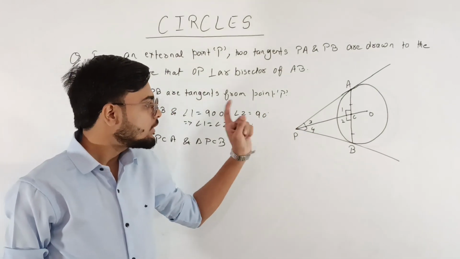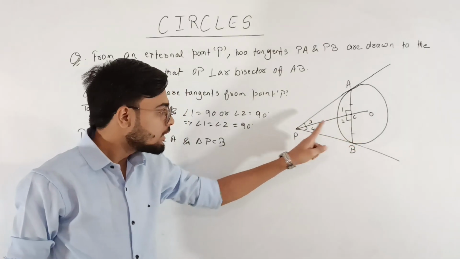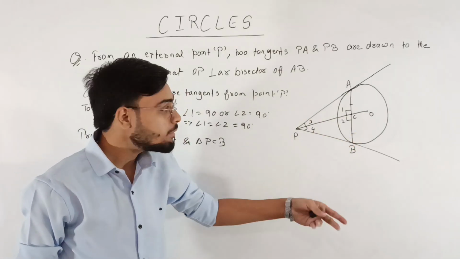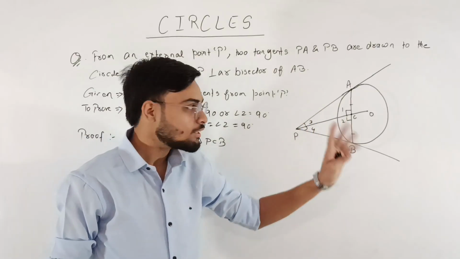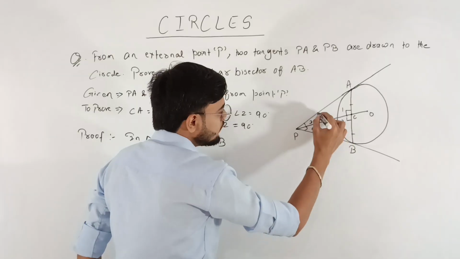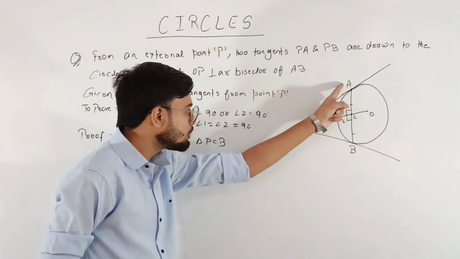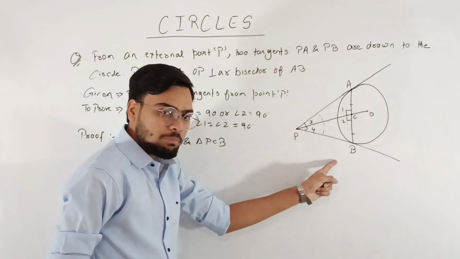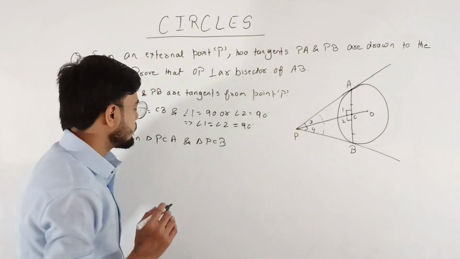In the previous theorem we saw that the line joining center and external point acts as angle bisector between two tangents and angle between radii. So for this whole bigger angle APB, this line OP acts as angle bisector of angle APB. So if this is angle bisector, then angle 3 is equal to angle 4.